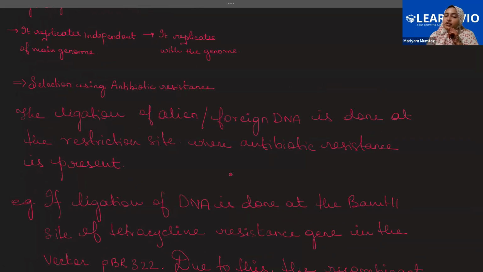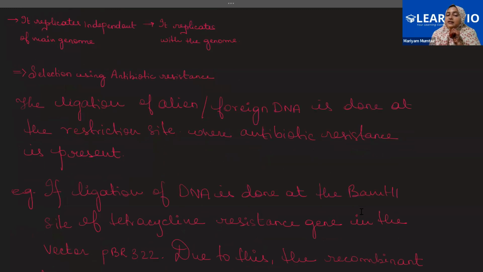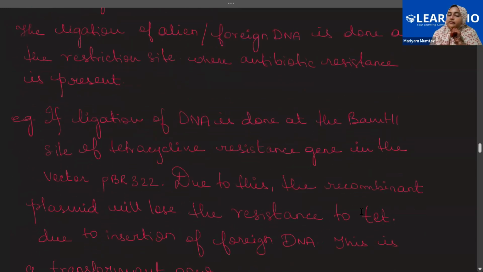See, if the ligation of DNA is done at the BamHI restriction site, BamHI, right? You remember that this is a restriction enzyme. And what type of resistance does it provide? Ampicillin or tetracycline? Tetracycline. Tetracycline, exactly.